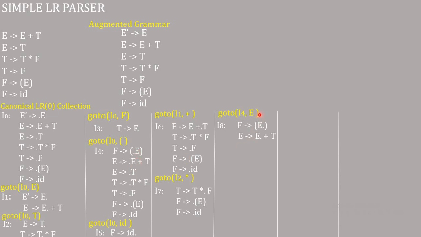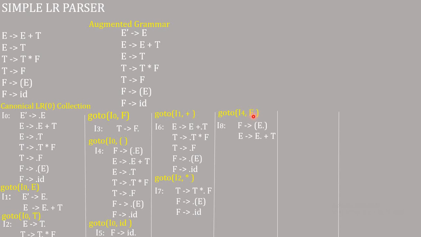Whenever we are applying the goto function, we have to refer to those productions in which we have the dot symbol followed by the terminal or non-terminal which we are defining it for.